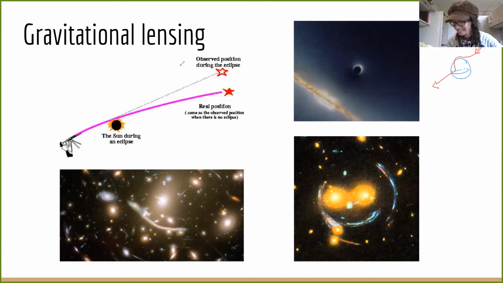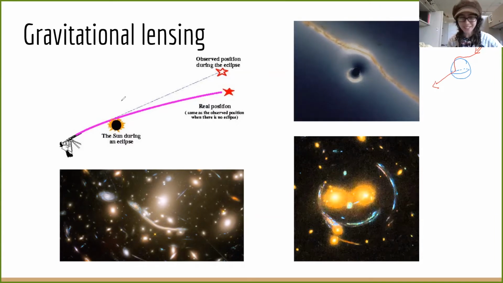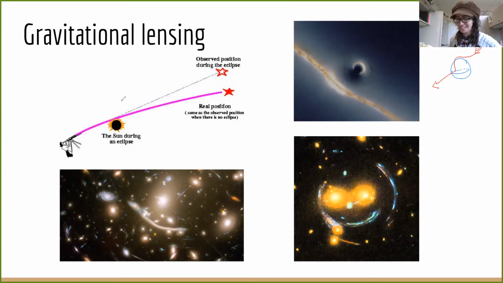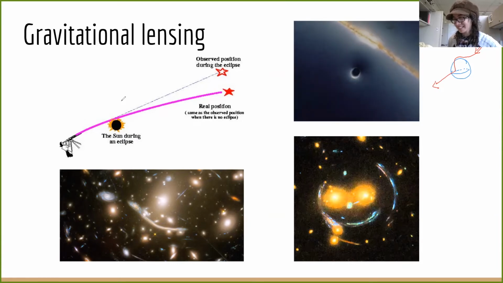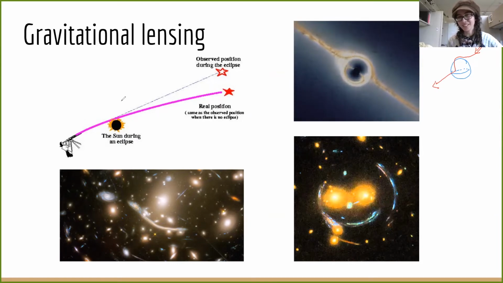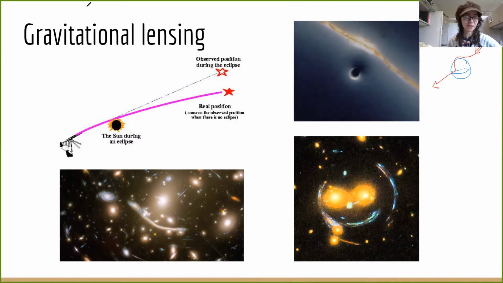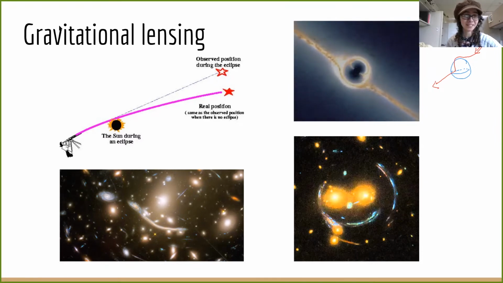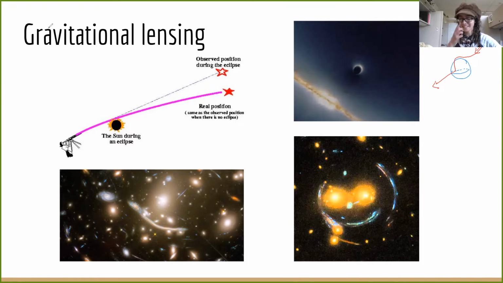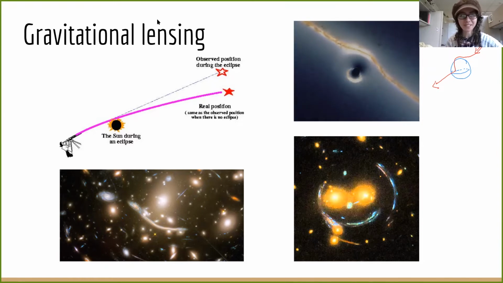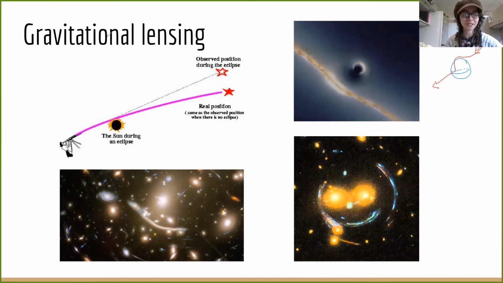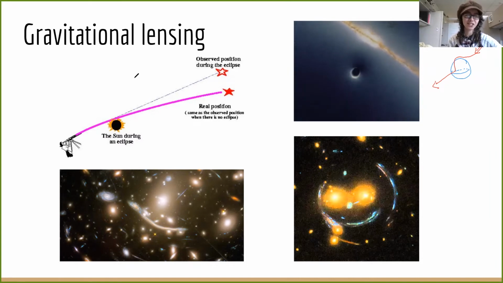And this is very strange, right? Again, because light is massless, this isn't how light behaves from our intuition. But this is just a very strange consequence of general relativity.